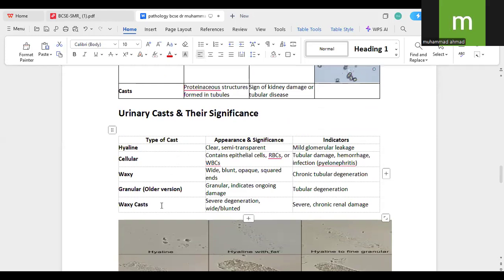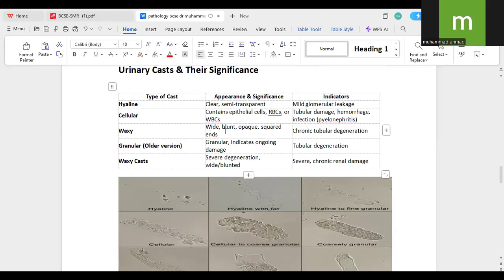Hyaline is clear, semi-transparent, seen in mild glomerular leakage. Cellular contains epithelial cells, RBCs and WBCs. Indication: tubular damage, hemorrhages, infections, pyelonephritis, infection of the nephron.